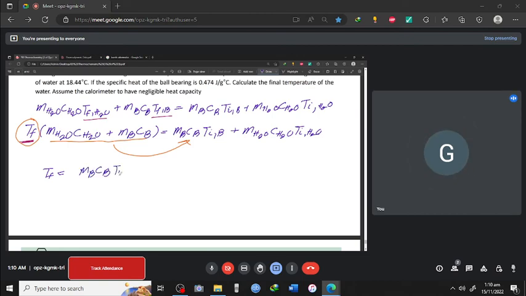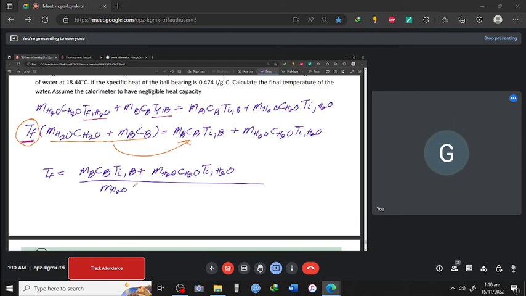MBCB TIB plus MH2O CH2O TiH2O over yung nasa kabila kanina. Mauna yung water para hindi tayo malito.